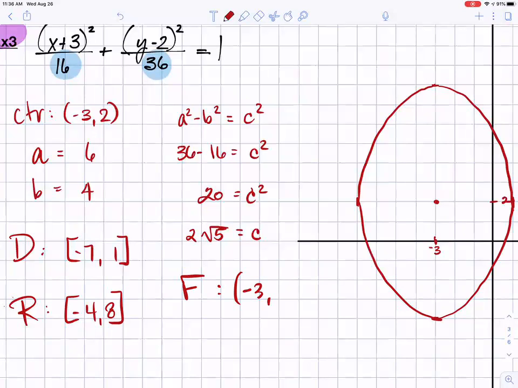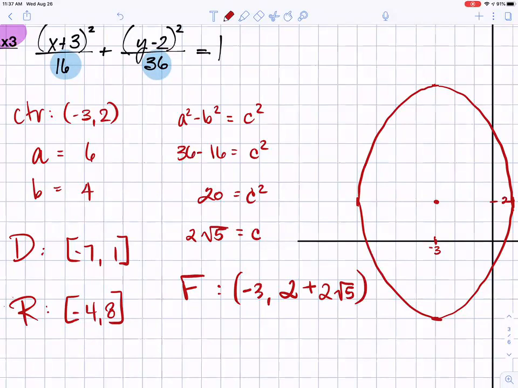Where does my Y value begin? What's my Y value at the center? 2, and I have to go up how far? 2 root 5. Okay, so I literally have to start at 2 and go up 2 root 5. 2 plus 2 root 5.